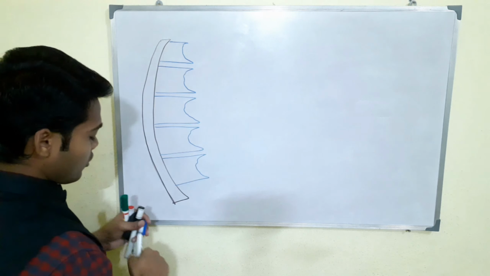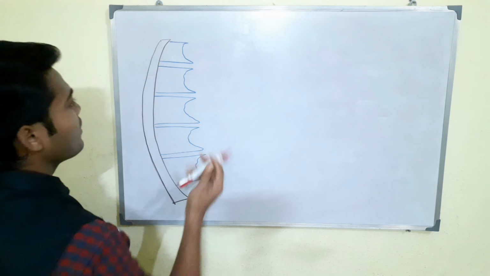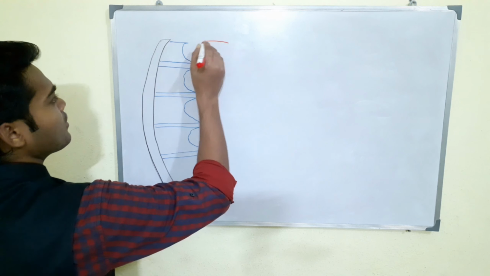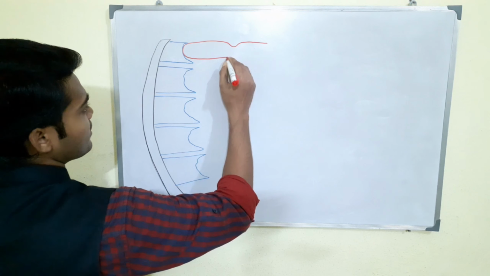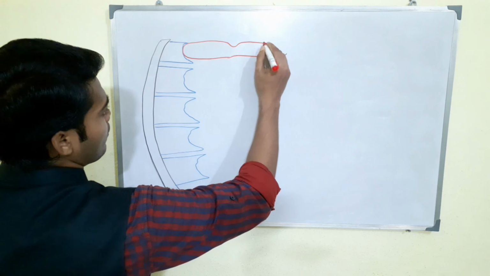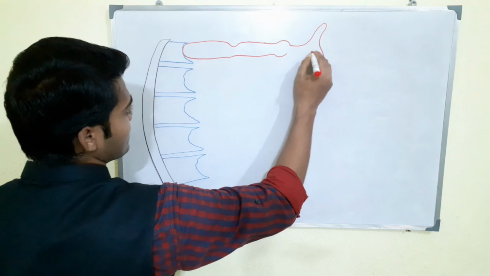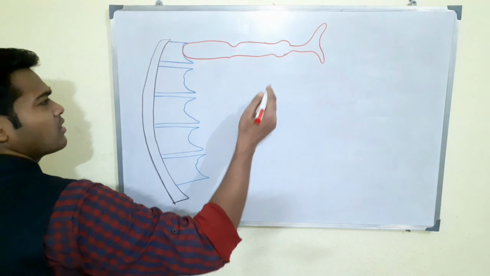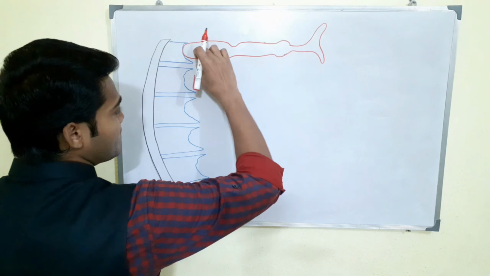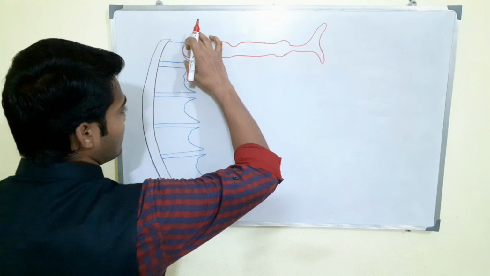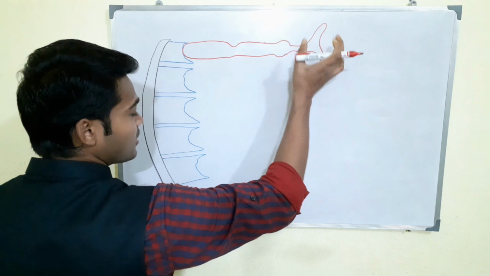Now here the rod and cone cells are present. This is basically a rod cell, and this is the nucleus of the rod cell, and this is a spherule, or you can say the synaptic terminal. Why? Because they start from here and exit up to here, meaning the synaptic terminal.